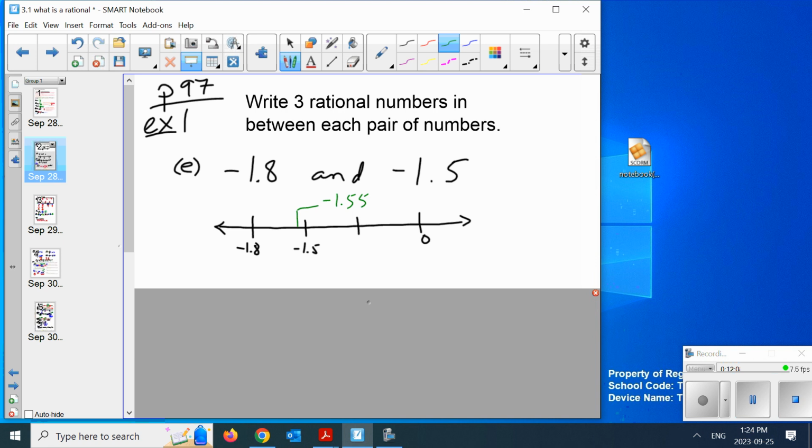Something else in between negative 1.8 and negative 1.5. You didn't have to use $1.50 or negative 1.55. But anything goes, tell me. There's an infinite number of answers. I just need one though.